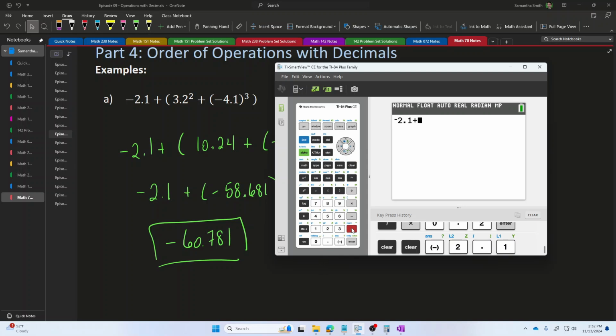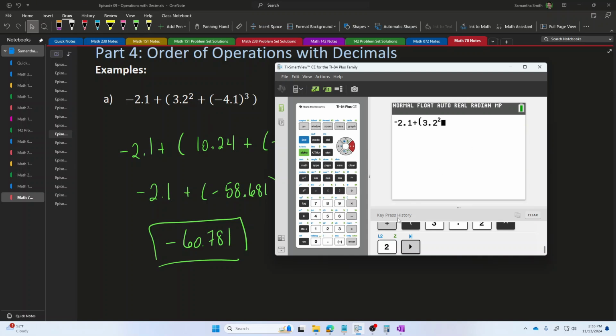Then addition, then parentheses, then the number 3.2, and here's raise it to the power 2. Now I would like to keep typing, but the cursor of the calculator is still up here in the exponent level. So to get the cursor out from this exponent, I'm going to hit the right button on the calculator, and that'll move the cursor out of the exponent.